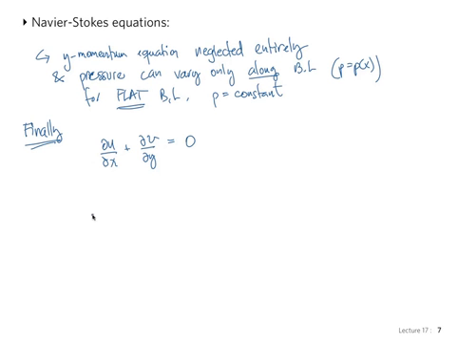I'm going to divide by rho, so on the right-hand side I'm going to get nu instead of mu. And I have a convective acceleration term, u du dx plus v du dy, equal to nu times the second derivative of u with respect to y, only because the second derivative with respect to x is much smaller.